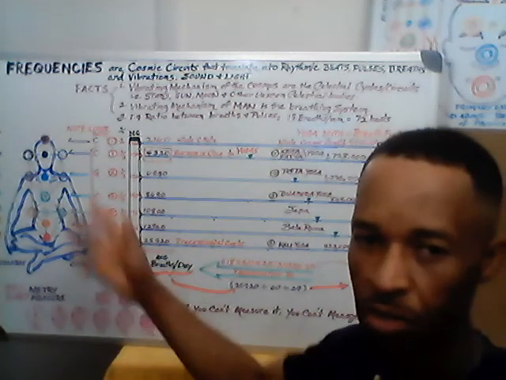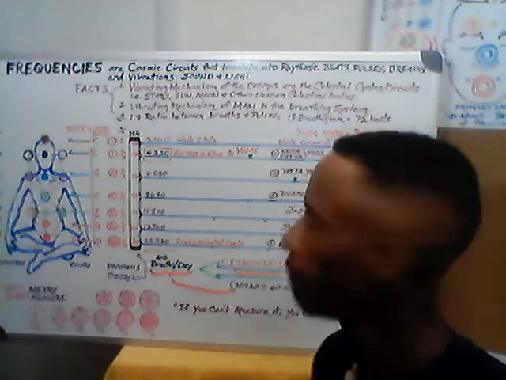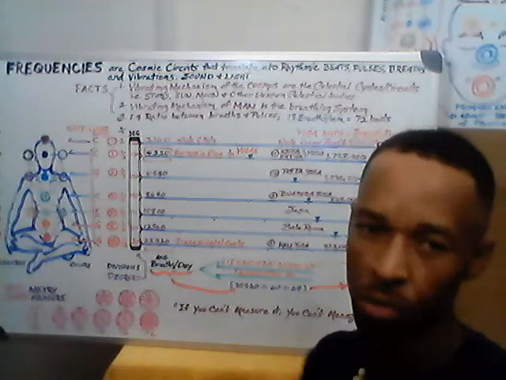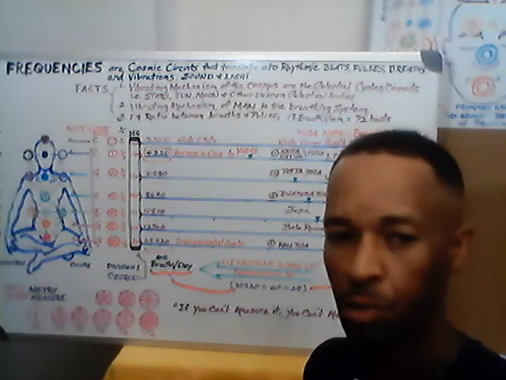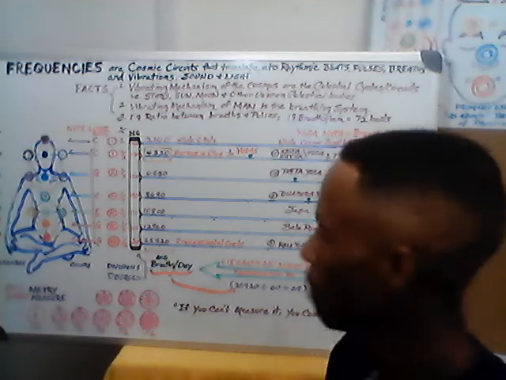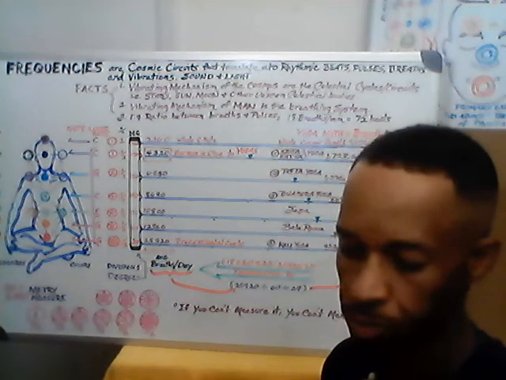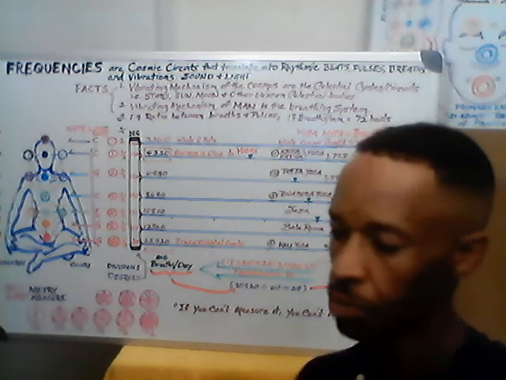We have the seven colors in the spectrum, just like we have the seven chakras of our spiritual anatomic system.